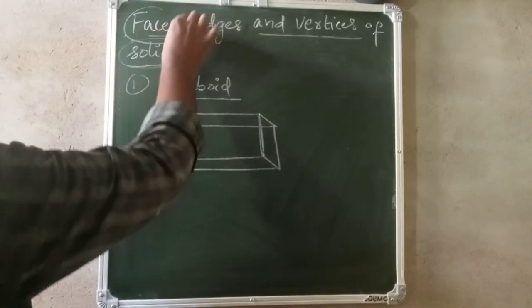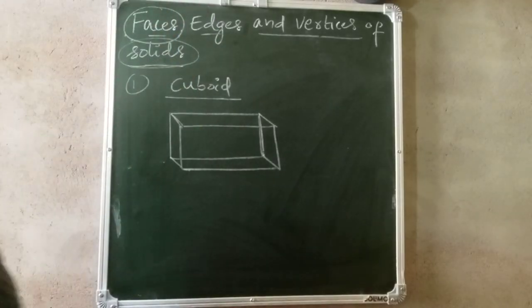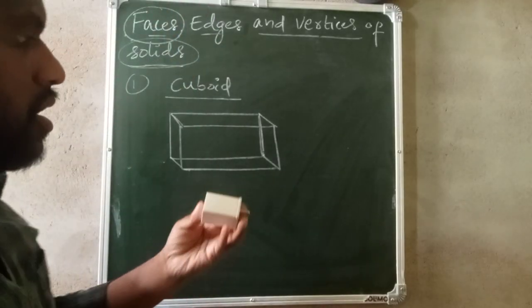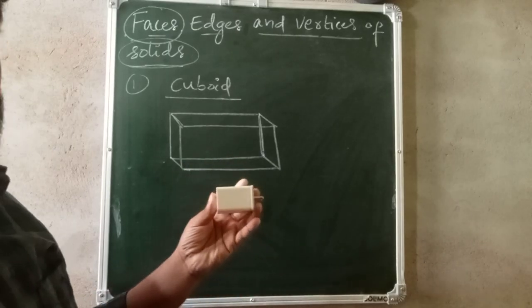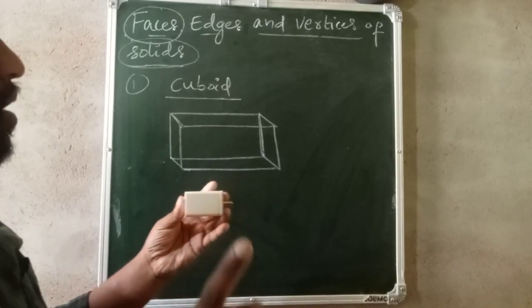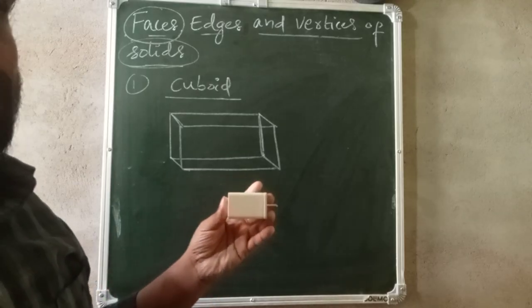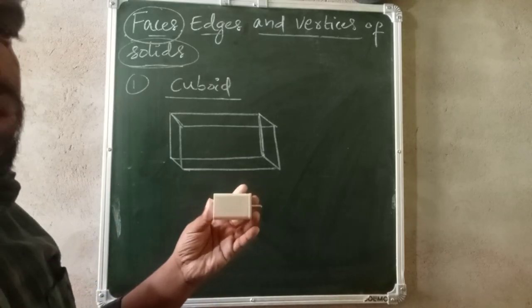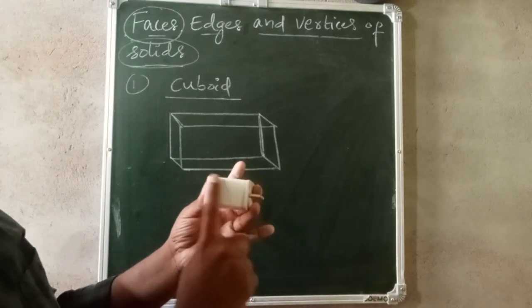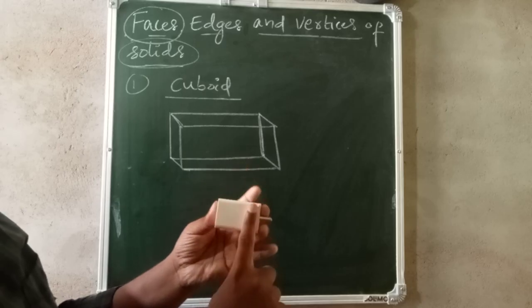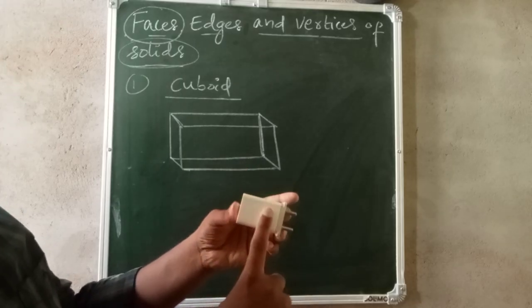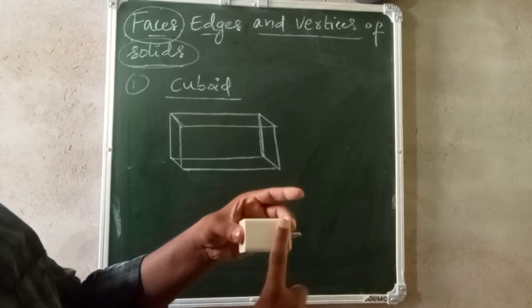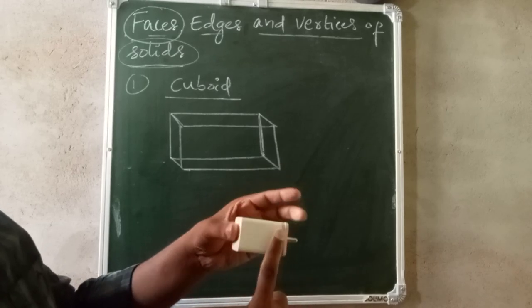First, face. See, this is in the shape of a cuboid. First I will take one example to help you understand what a face is. This is one face. This is the second face. This is the third face.